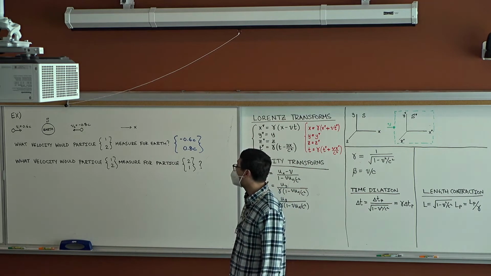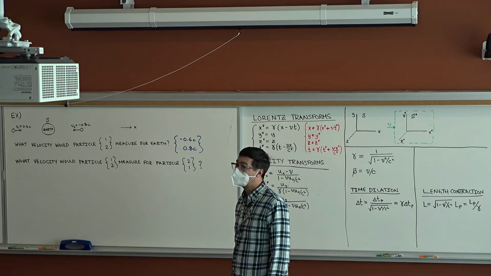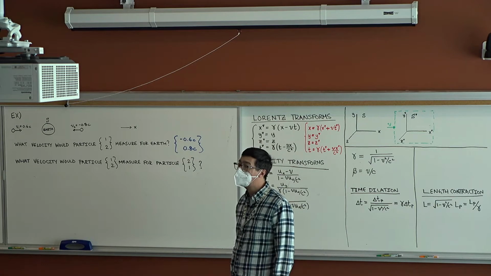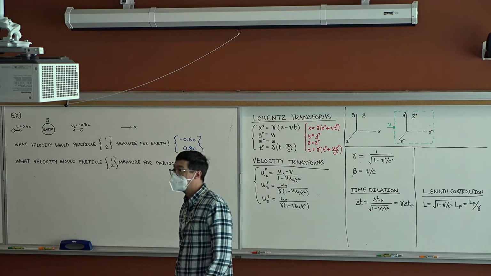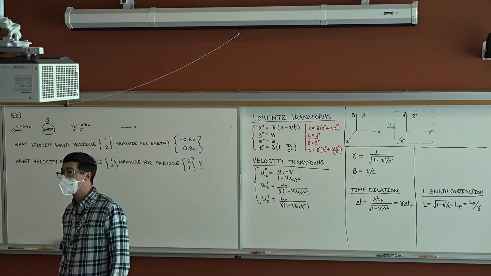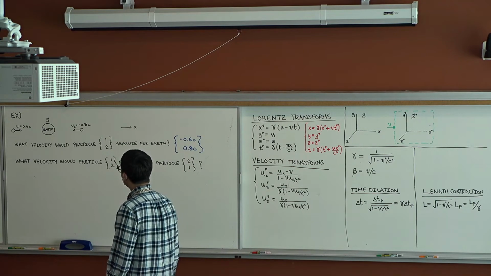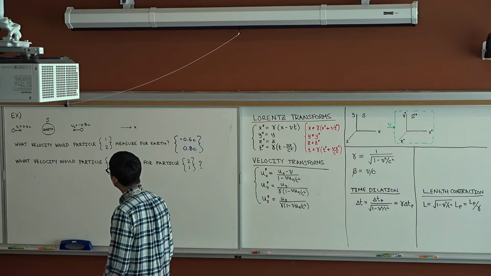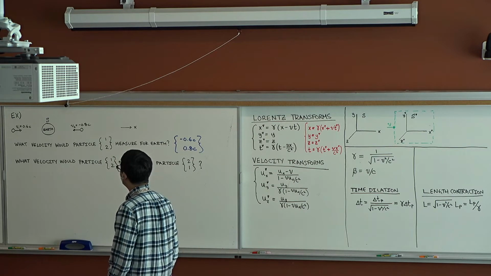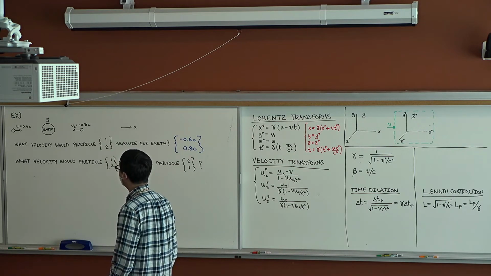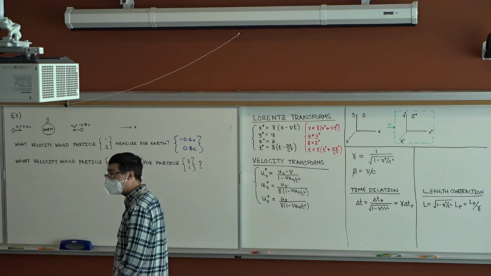We can't just say it's 1.4 c. It can't be greater than c. We've never observed a particle traveling greater than the speed of light. 0.2 c? Negative 0.2 c? No, that doesn't work either.